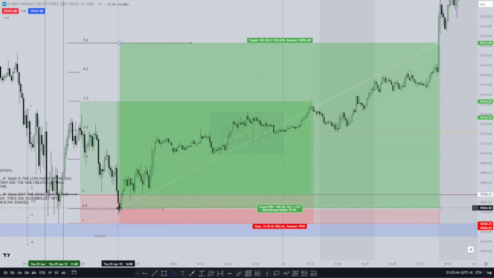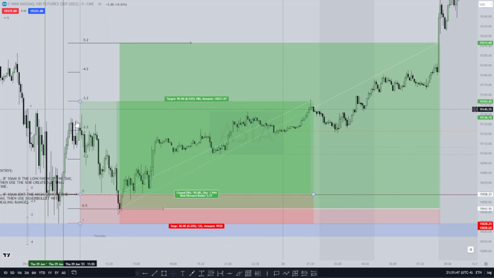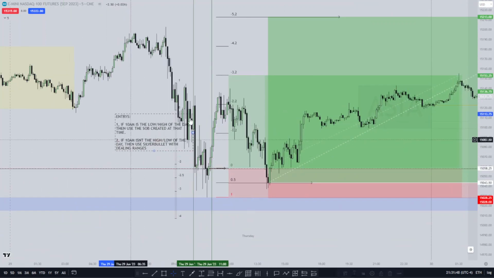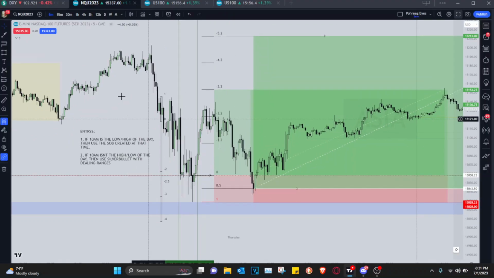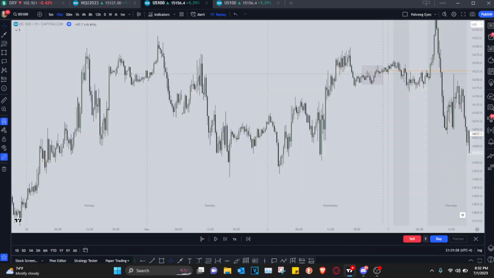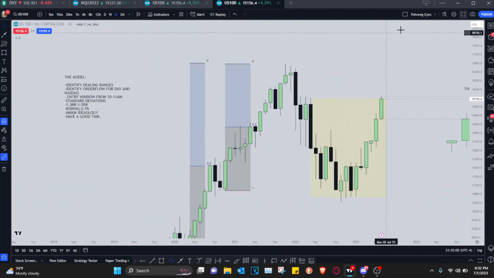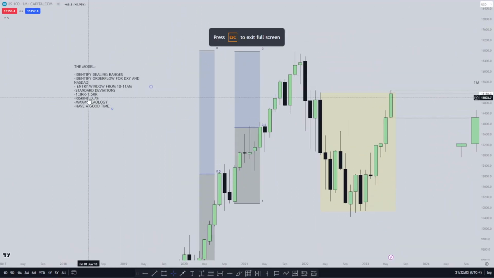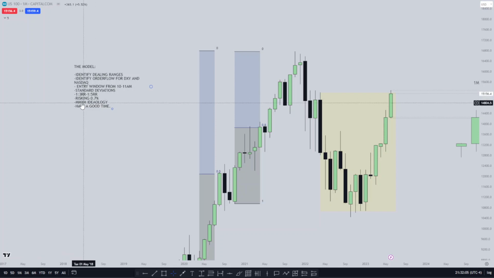If price didn't come here, then we ride this to the 3 because we always want to chase 3 R, right? It depends if you want 2 R, but me, I like 3 R. So I've explained the RR and risking and then MMXM ideology.